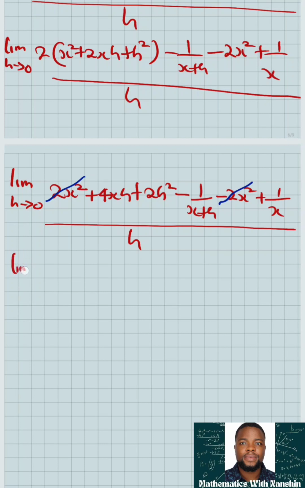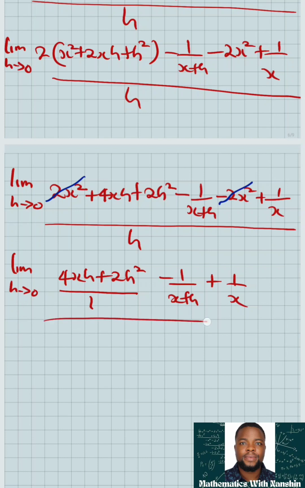So we have limit as h approaches 0, 4xh plus 2h squared. We can say this is all over 1 because the numerator looks like a fraction. Of course, there's an invisible 1 there, plus 1 over x, all over h.